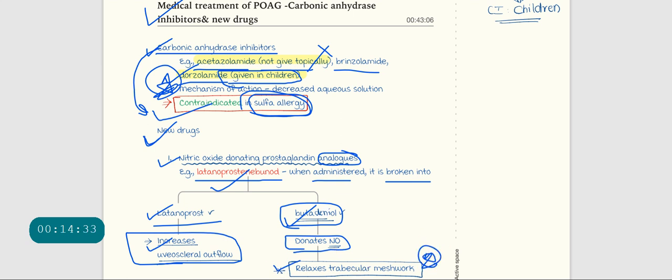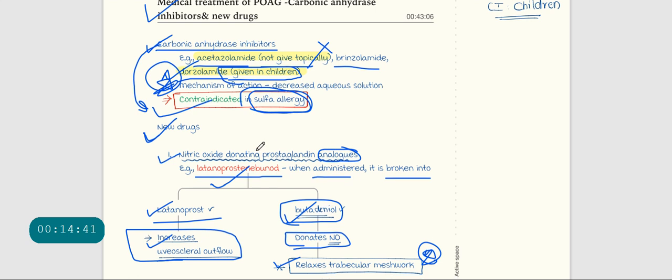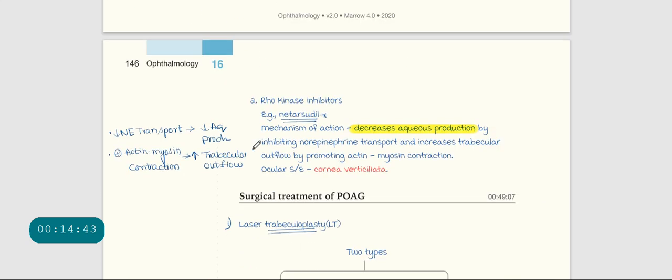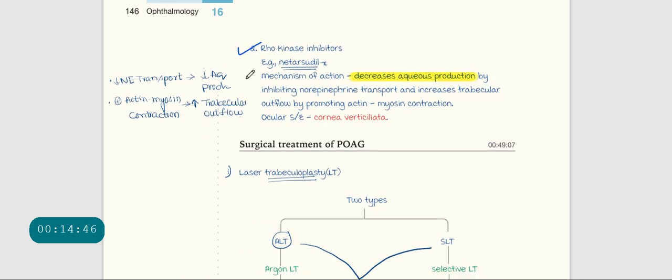Another category in new drugs, except nitric oxide donating prostaglandin analog, is rho kinase inhibitors, such as netarsudil. Okay, rho kinase inhibitors such as netarsudil, very important. The mechanism of action is decreased aqueous production.